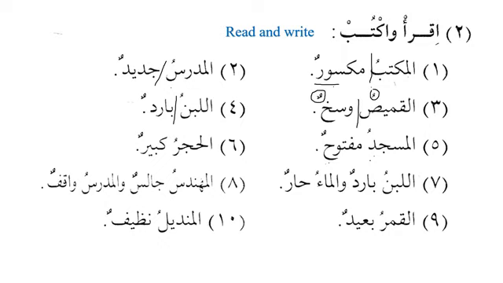There is a question, the difference between kabir and akbar. Kabir means big and akbar means the biggest. Like in English we have big and then the biggest. So kabir means big and akbar means the biggest. When we say Allahu Akbaru, Allah is the greatest.